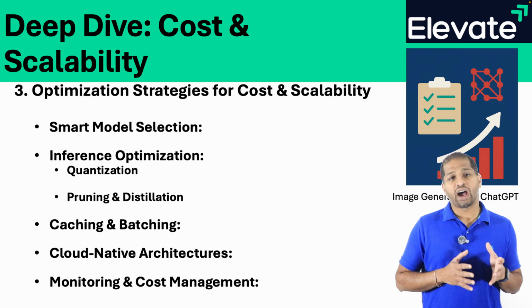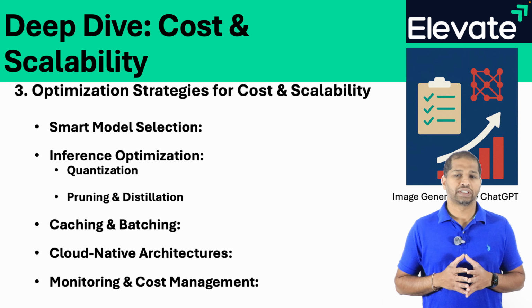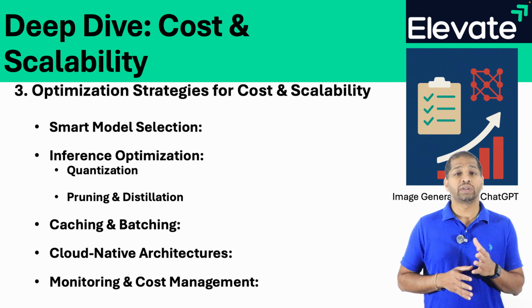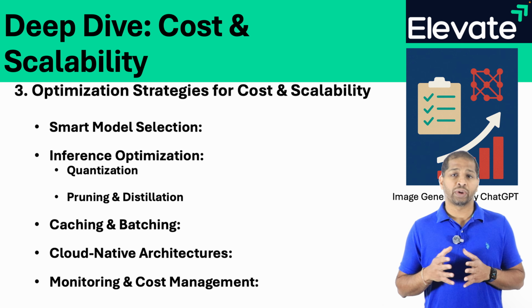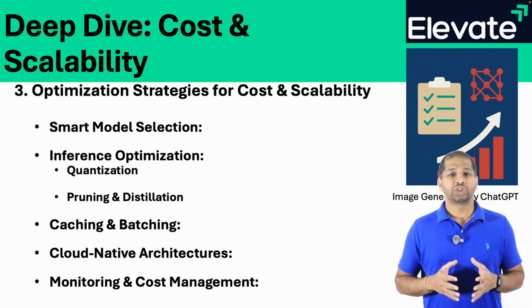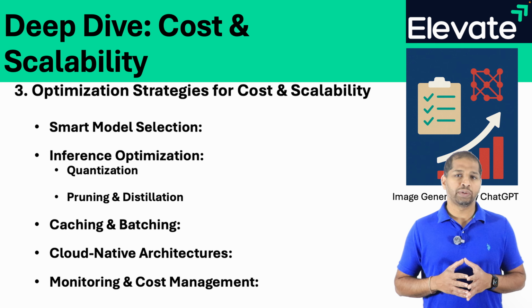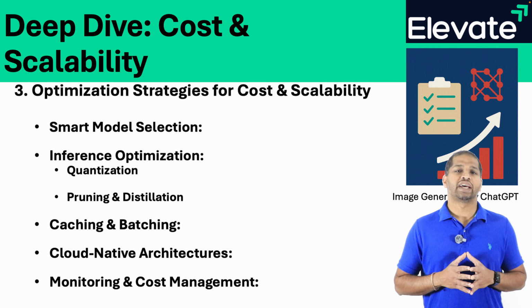Caching and batching are also your best friends. Caching involves storing responses to frequently asked questions or common prompts so you don't have to regenerate them every time, saving compute and latency. Batching allows you to process multiple user requests simultaneously, making much more efficient use of your GPU resources than processing them one by one.